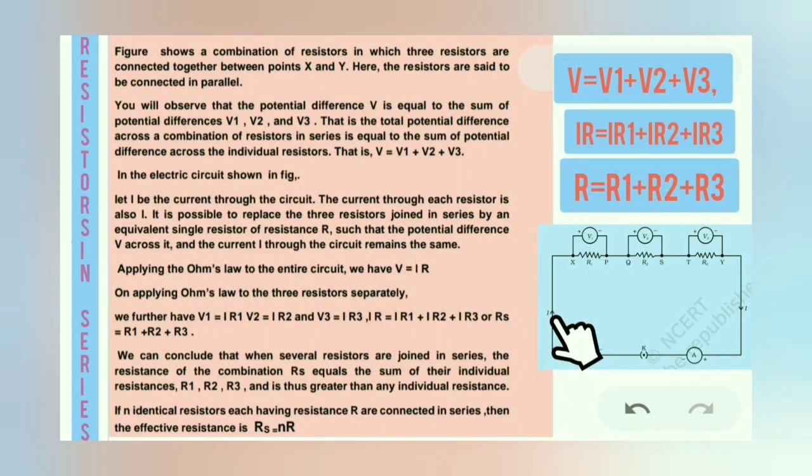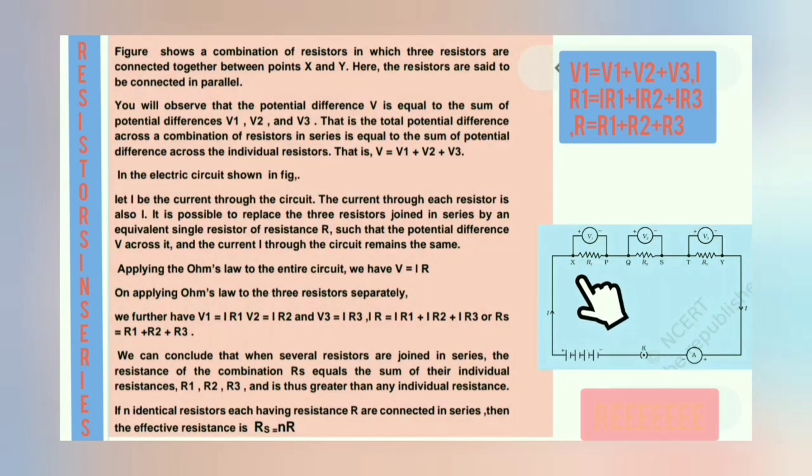But the current I is the same through all these resistors. The same current is flowing through all of them. So the net voltage, net potential difference across all these resistors together, that is V, is equal to V1 plus V2 plus V3.